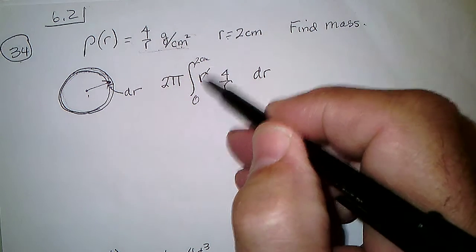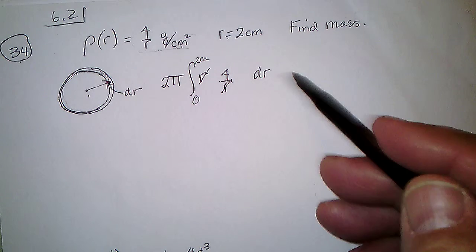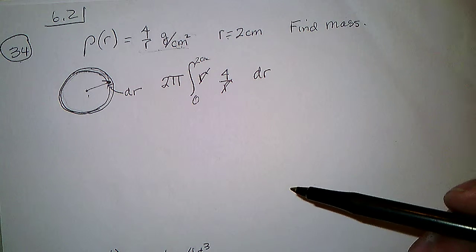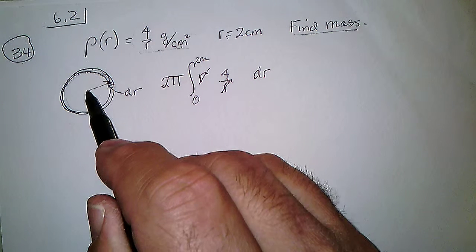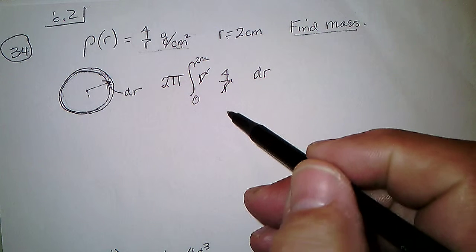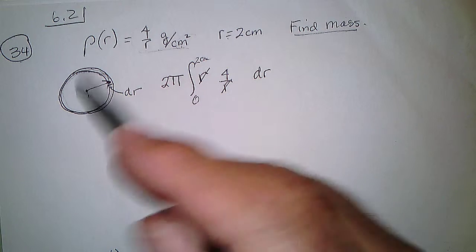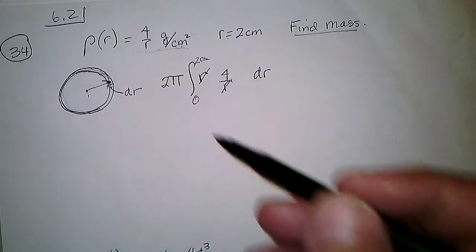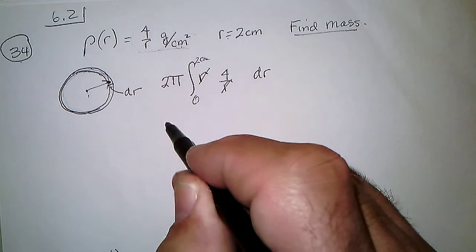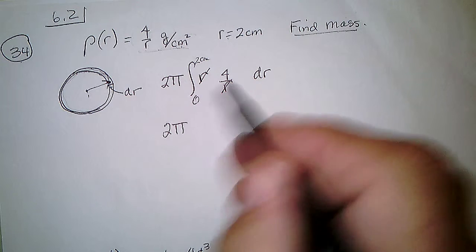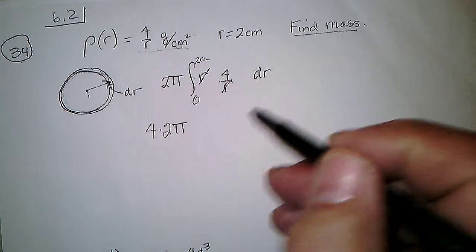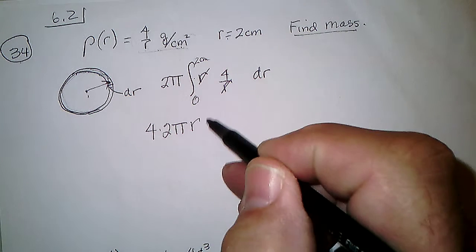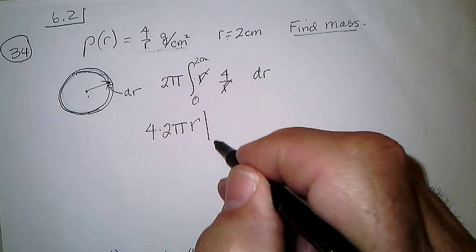Now here, the r's cancel, and so we can actually get the actual mass of this thing, even though it goes to an infinite mass at the center, which is impossible, but it's what this formula indicates. So we get 2 pi, we can pull out the 4, and then we're just getting the integral of dr, which is r, evaluated from 0 to 2.